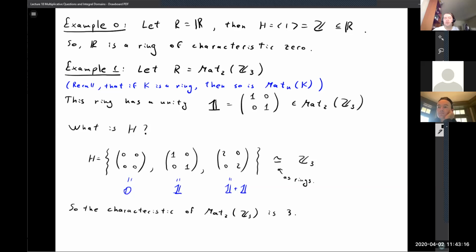And that's actually the general thing. If you have a ring K with characteristic n, then the ring of matrices over K, no matter which size, will have the same characteristic. So this example actually generalizes. Okay, any questions so far?